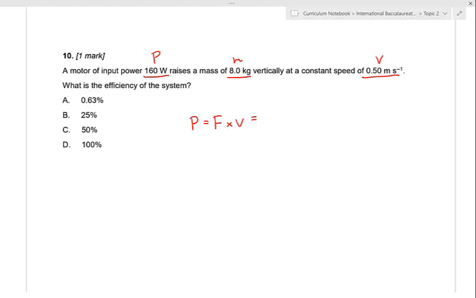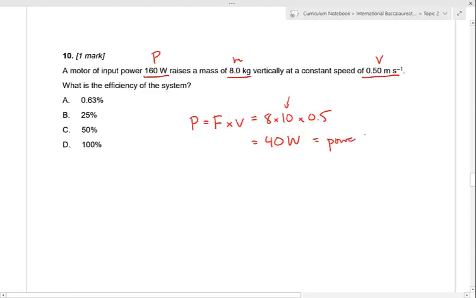So we have 8 times 10, and in the multi-choice questions it's safe to use 10 because you're not expected to use a calculator. So the force is the weight force, times the speed, which is 0.5, so that's 80 times a half, which is 40. So the power output equals 40.